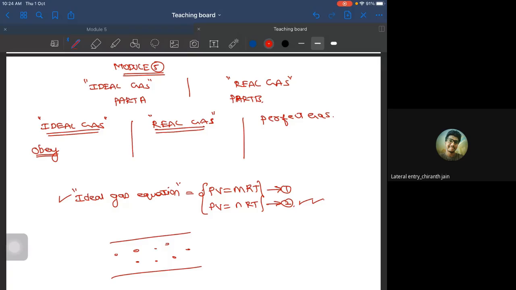The molecules would not get attracted to each other in case of an ideal gas, but in real gases, they do. So I can simply say the real gas is a gas which does not obey the ideal gas equation.